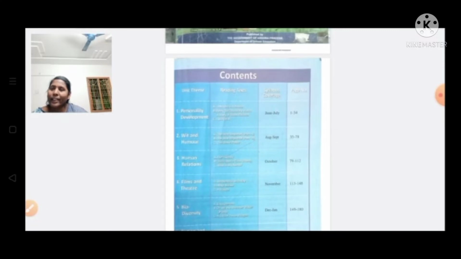This unit gives a wonderful lesson for our life. In this unit we have 3 readings. The first reading, Attitude is Altitude.